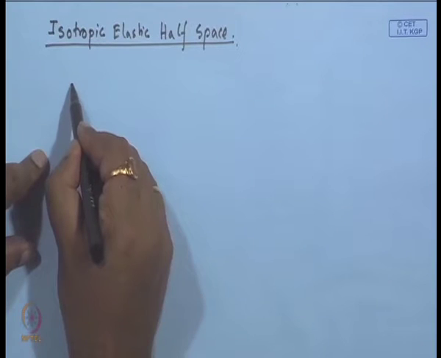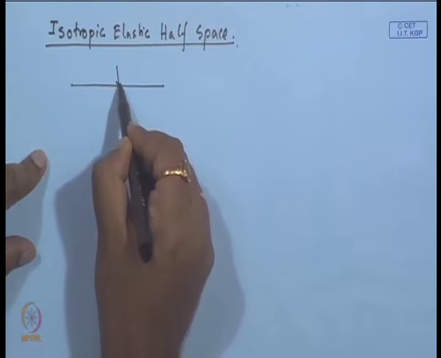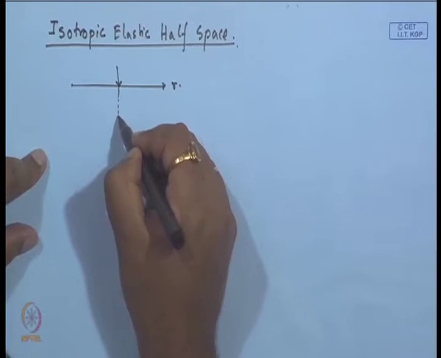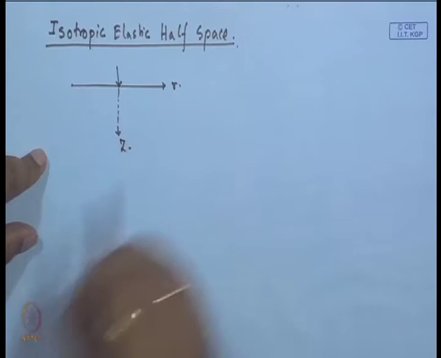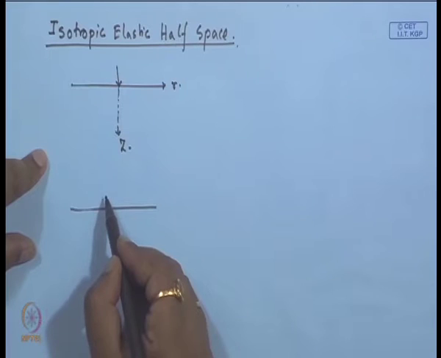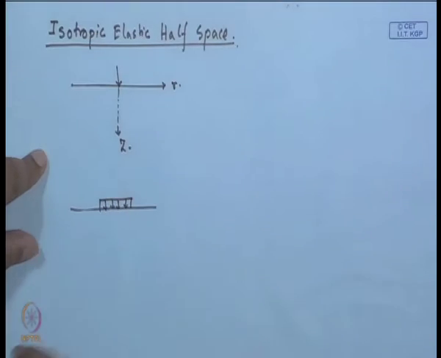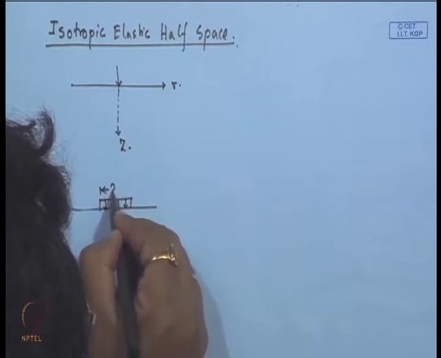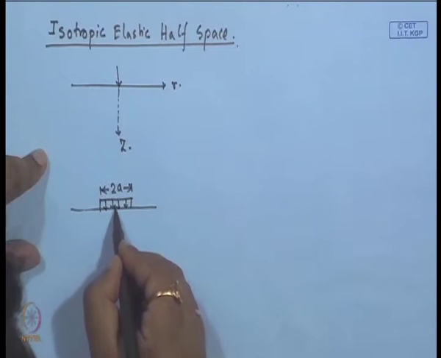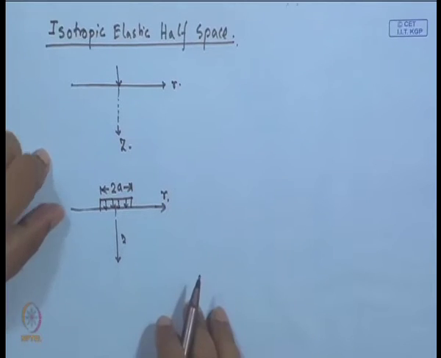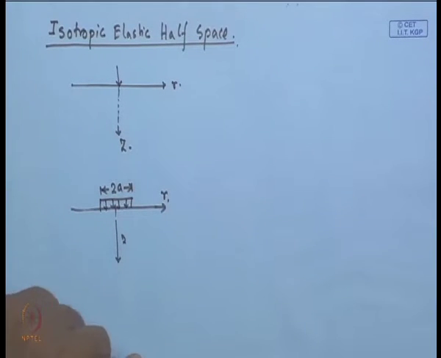That means the surface is applied with a concentrated load, this is in the direction of r, this is in the z, and another one is applied with a UDL with width 2a over the loaded region, this is z, this one is R.